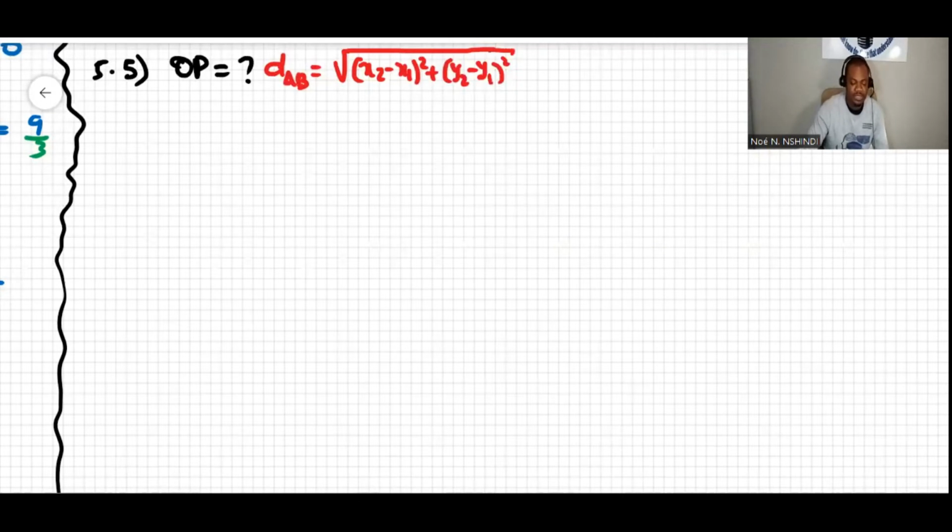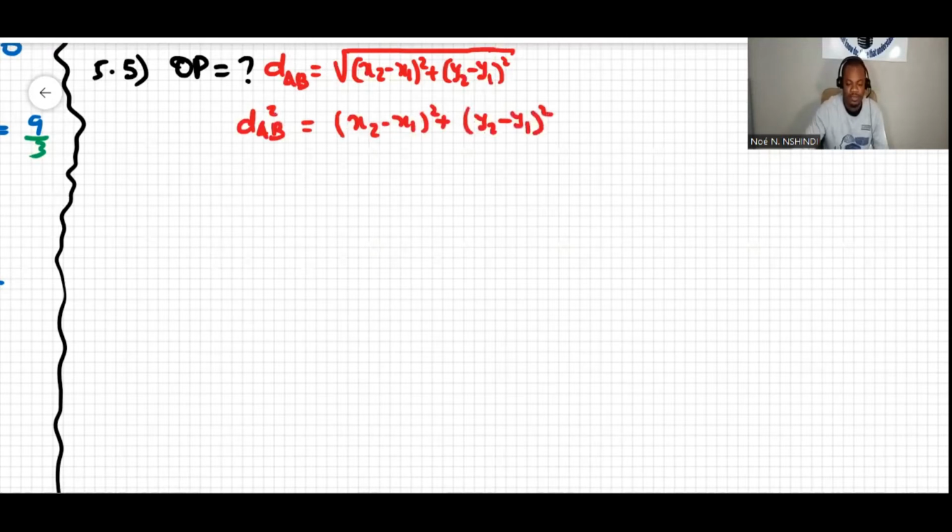The same distance AB can be written as the distance squared. If you don't want the root, you can write it like that: x2 minus x1 to the power of 2 plus y2 minus y1 to the power of 2.